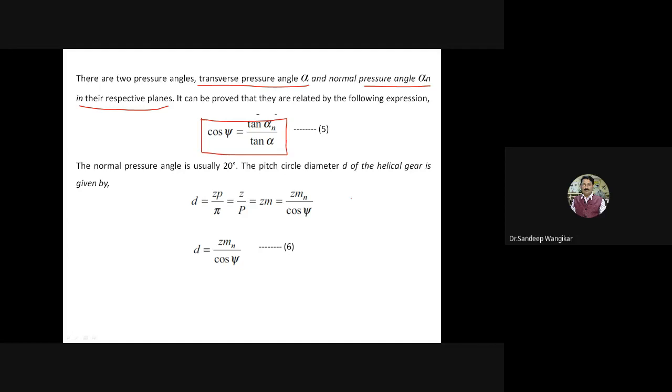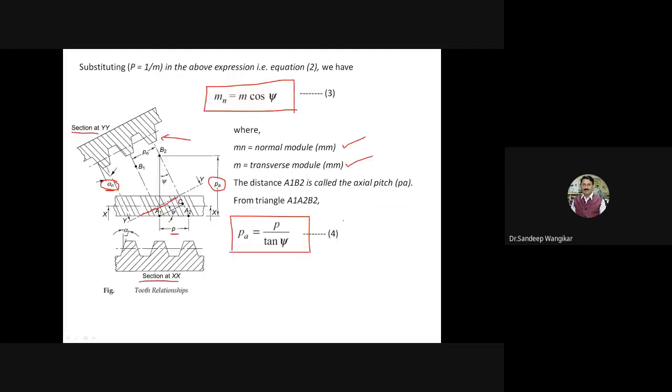Now we will find the pitch circle diameter. We use d is equal to mz, but I have to replace m in terms of the normal module. From equation 3, m is equal to mn divided by cos of psi.